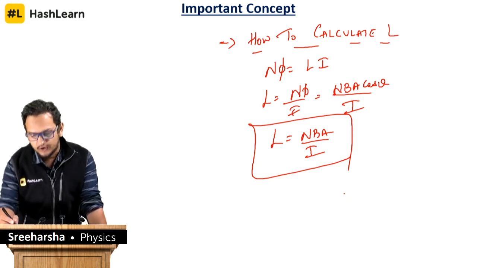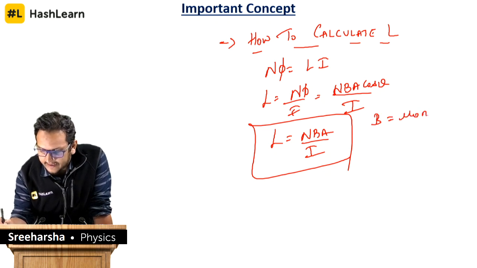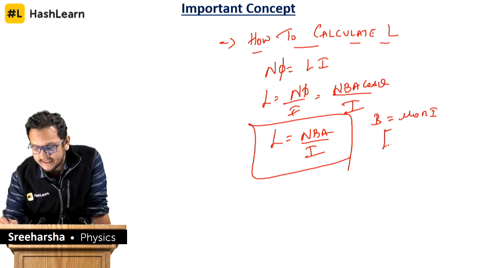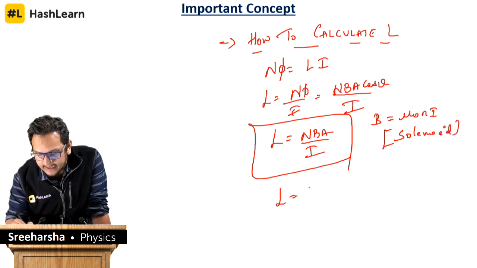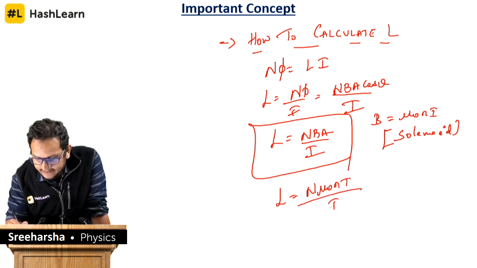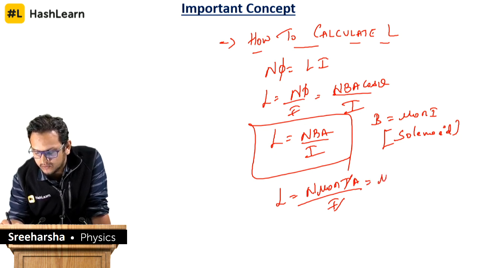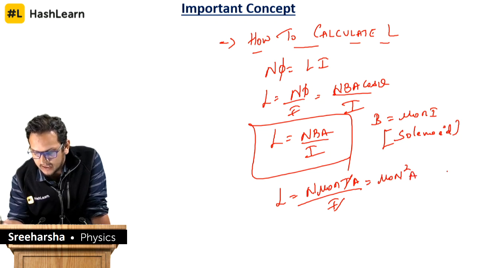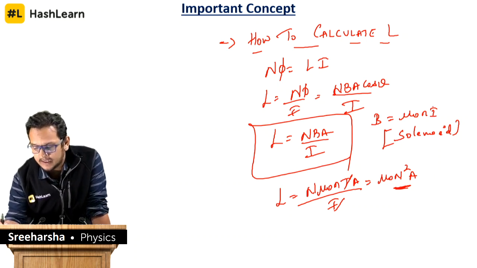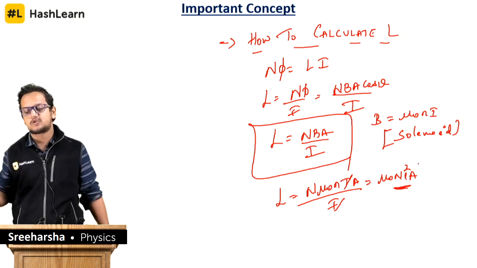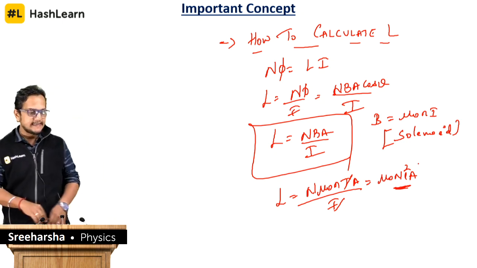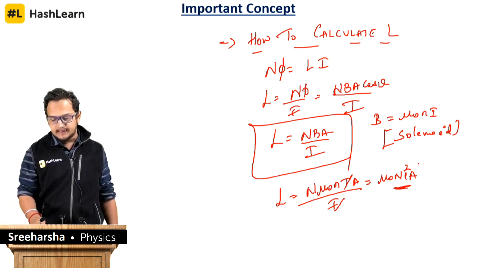Or you can also write, for the coil, B equals mu naught N I. If you remember from the solenoid, the magnetic field is given by mu naught N I, so L is equal to mu naught N I by I times N A, where I gets cancelled, giving mu naught N square A. If you take the area as pi r square, you have the expression mu naught N square l A. That is the self-inductance in terms of the magnetic field.